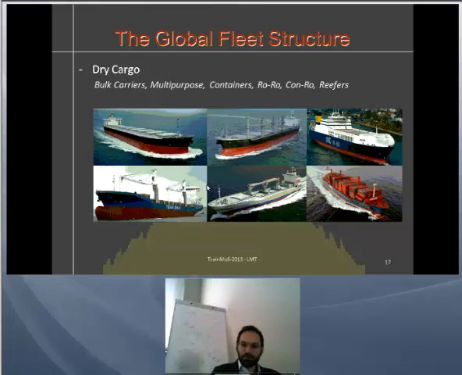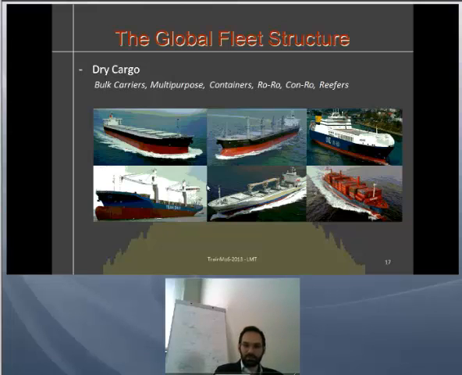You can also see a new design of a RoRo vessel with a different design of the bridge and the cargo deck driving beneath the bridge, and typical container vessels.